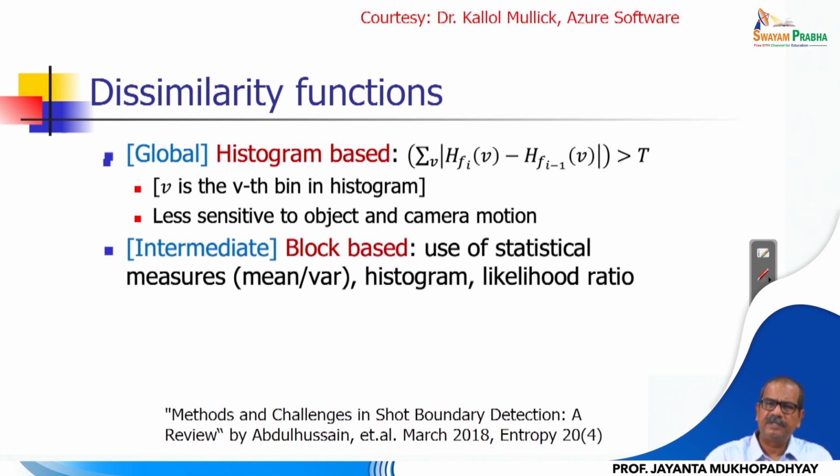In intermediate based descriptors, what we discussed earlier, if I consider blocks, then I use their statistical measures like mean, variance, histogram or likelihood ratios. Those things you can use for shot boundary detection.